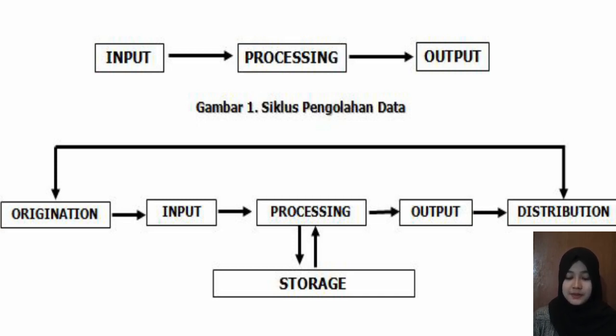And then, below the picture, there is a cycle that describes the data storage cycle. The first starts from the organization as the owner of the data, then entered into the input data. Then the data is processed, and in this process, there are activities to store data or data storage.